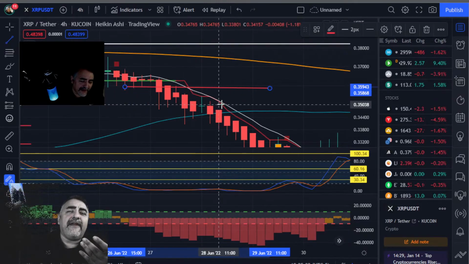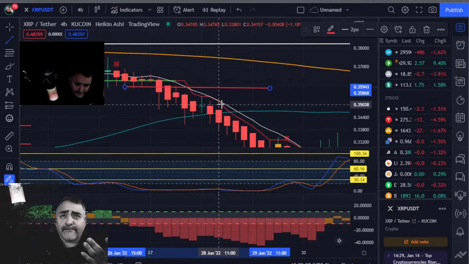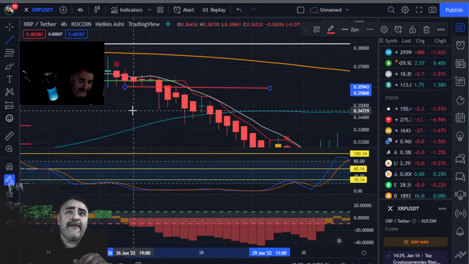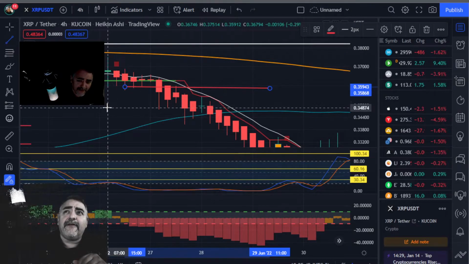So the very first thing is 12% profits just to pay for the trade, which would mean 1 penny movement, right? So 35 cents, so we need 34 cents. So here's our 34 cents.